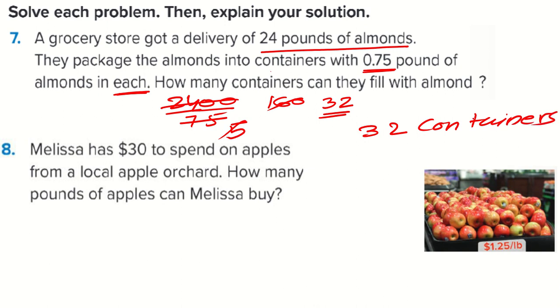Okay. Now next is, Melissa has $30 to spend on apples from a local apple orchard. How many pounds of apples can Melissa buy? You see, this is the price written here. So 30 divided by $1.25. Again the same situation. After the decimal point you have 2 numbers. So put 2 zeros here and cancel the decimal point.